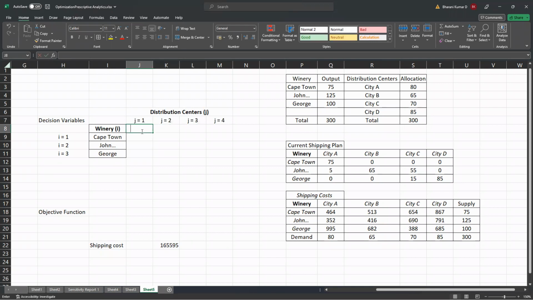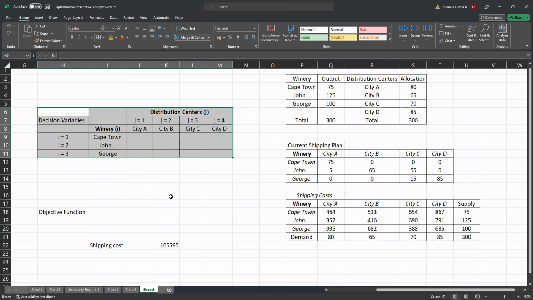They are nothing but distribution centers, like city A, city B, city C, and city D. So these are your decision variables.